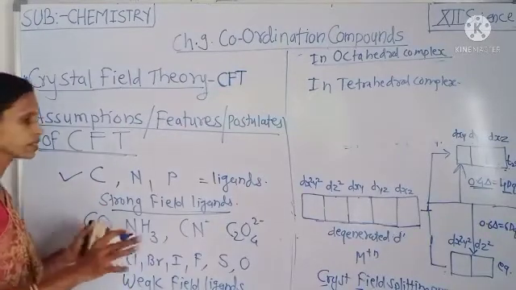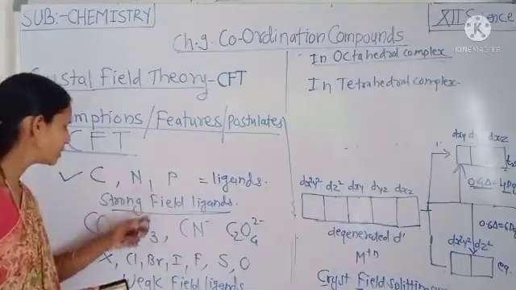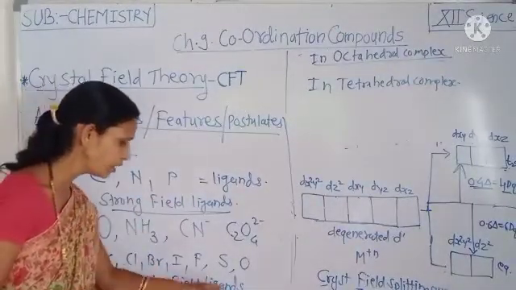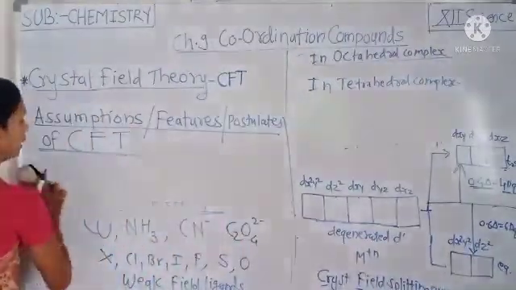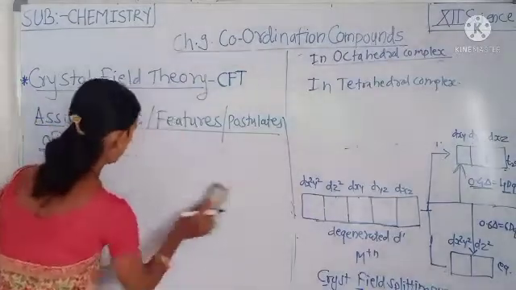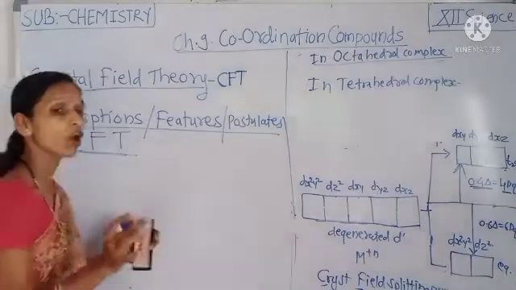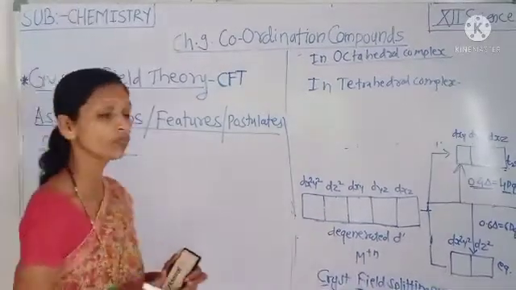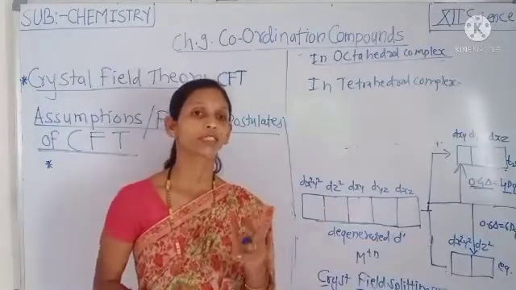This theory distinguishes between strong field ligands and weak field ligands, and explains the spectrochemical series, in which ligands are arranged according to their strength.